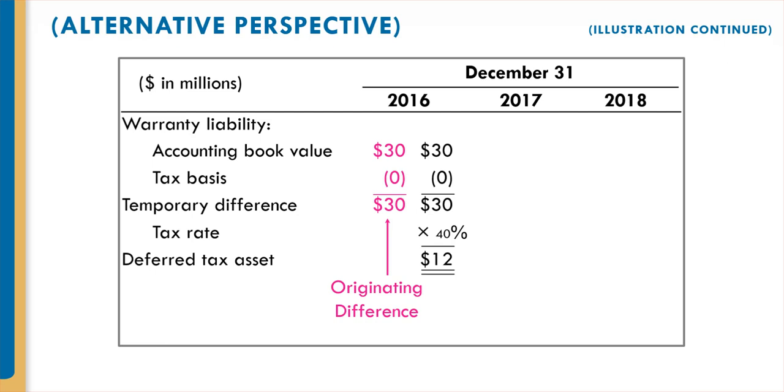Again, the assumption here, and I will never ask you about this, is that your estimate is accurate and that in 2017 and 2018 the actual warranty expense which you have in terms of cash outlay is going to be that 30, right? It's going to total up to the 30.